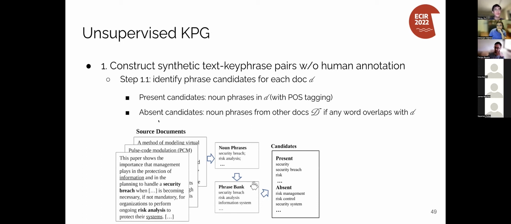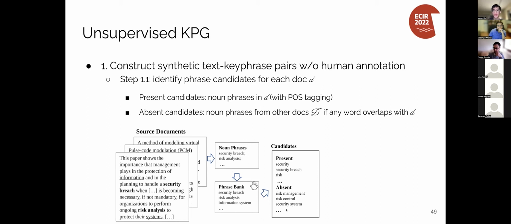So the first step, similarly, we are going to extract all the noun phrases from a large document collection to build a phrase bank. And then given a new document, we just assign the absent candidates by checking whether there's any word overlap.